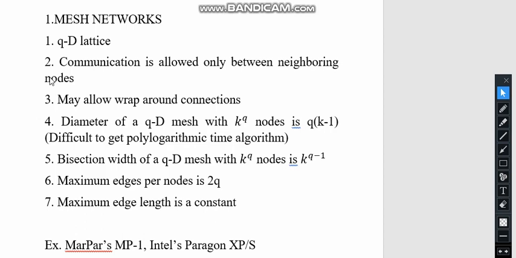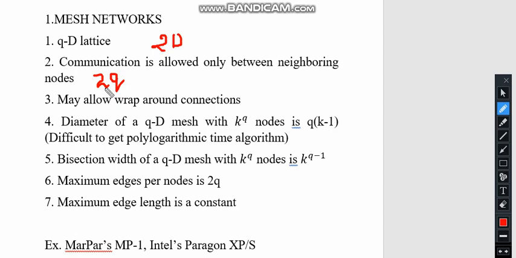In the mesh network, communication is allowed only between two neighboring nodes. Let's take an example of a two-dimensional network. Here the communication is allowed only between neighboring nodes.